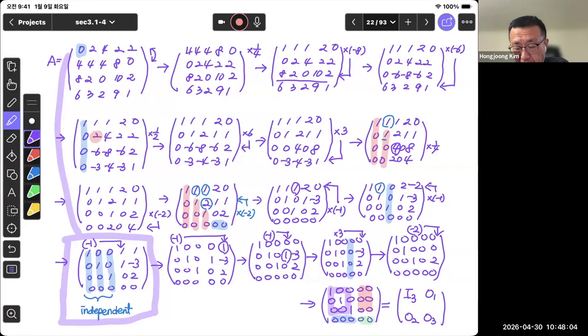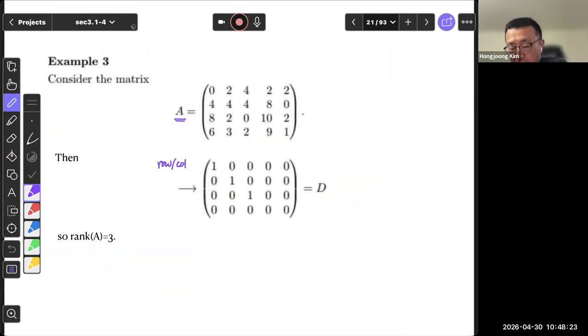And then after that you perform some column operations, and eventually you derive some matrix like this, and that is called D in the theorem. So we arrive at this D matrix where in the upper left corner we have the identity matrix, and then we have these zero matrices here, and those will define the matrix.